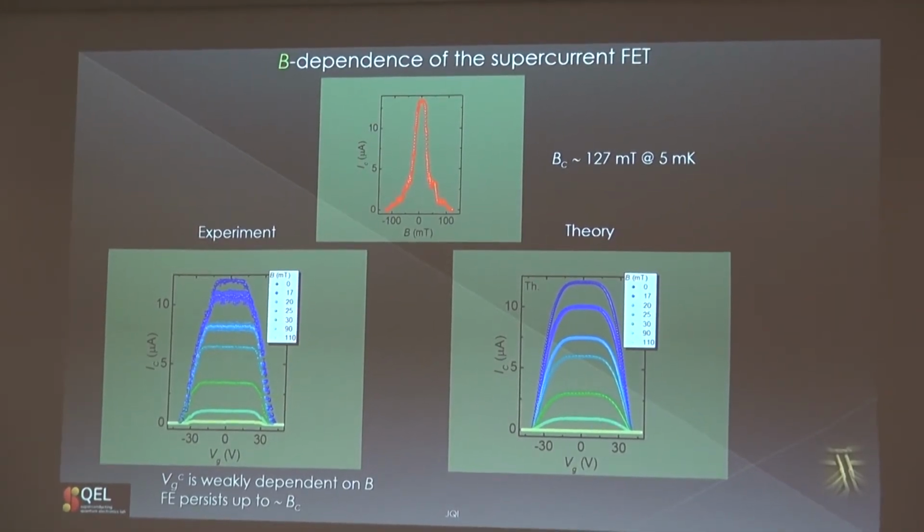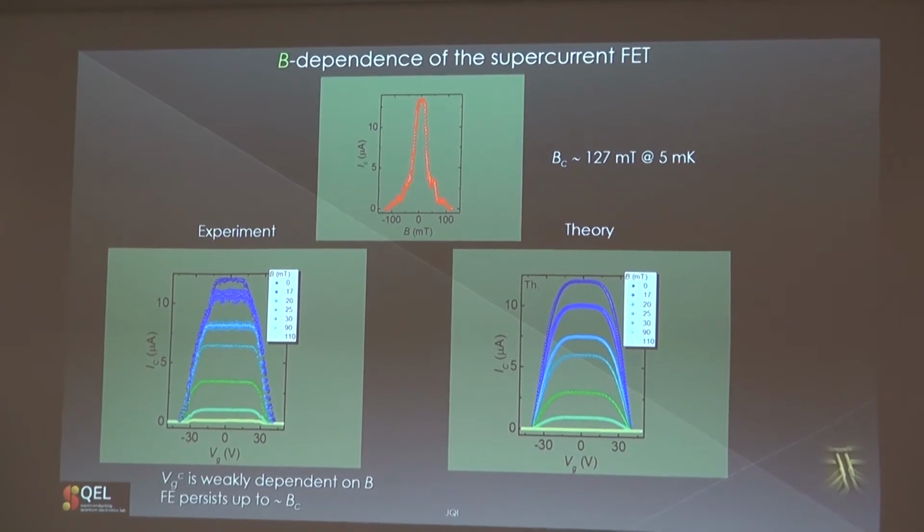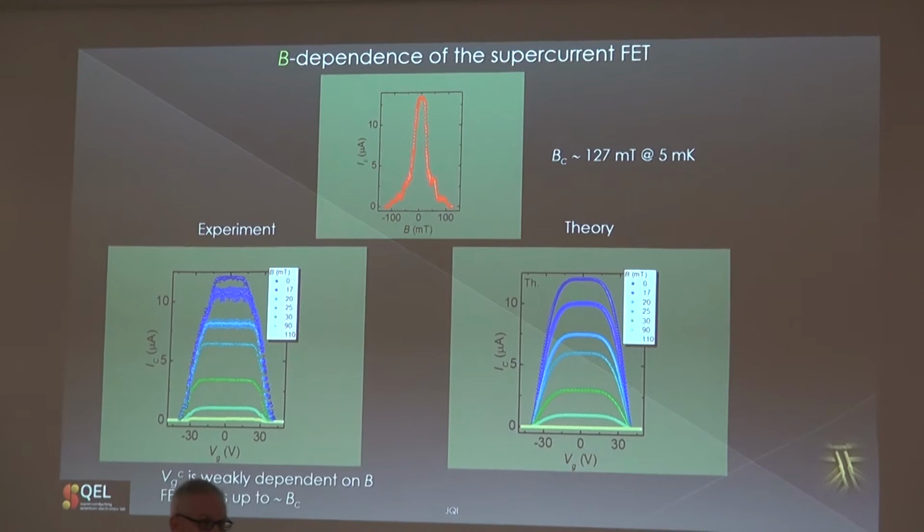Another interesting point is to test the robustness of the effect in the presence of very intense static magnetic fields. So we applied perpendicular-to-plane magnetic fields, as you can see on this graph. In the absence of electric field, the supercurrent is weakened up to complete destruction around 120 millitesla.